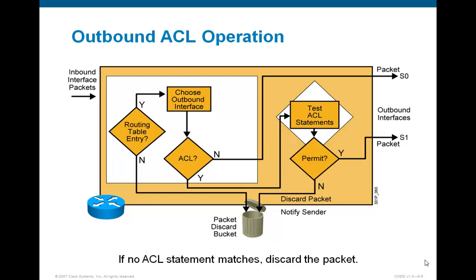Now, if there is an ACL implemented at the outbound interface, the ACL will be executed. In the ACL, there will be a couple of statements. We call them ACL rules, or access control rules.